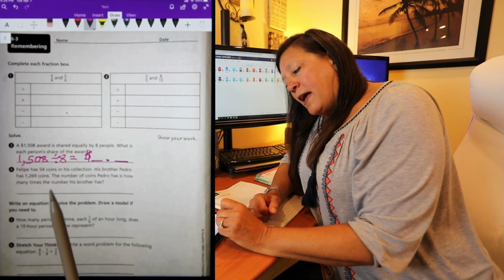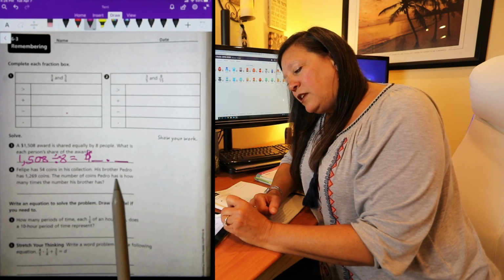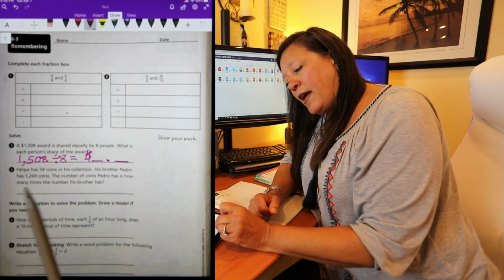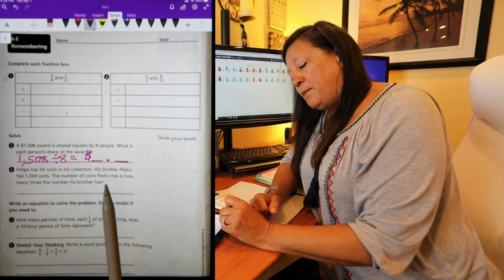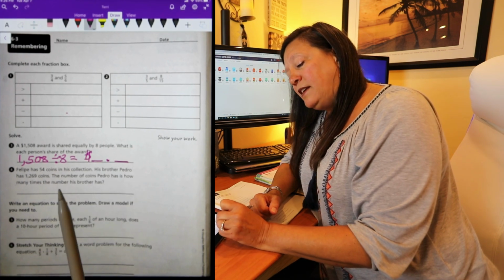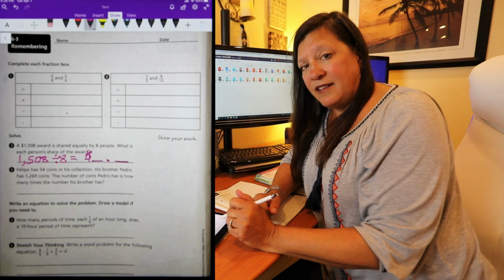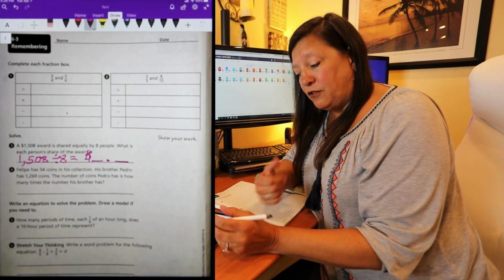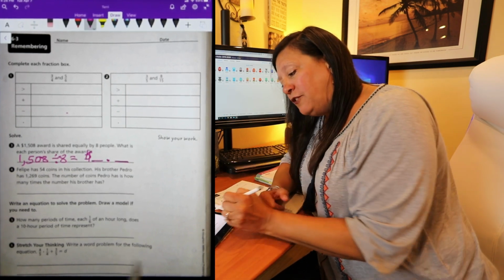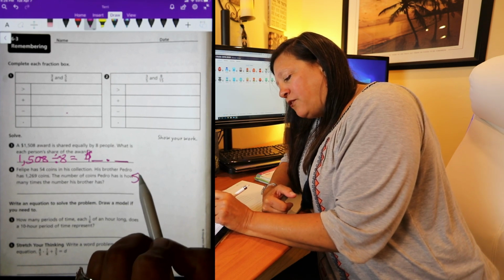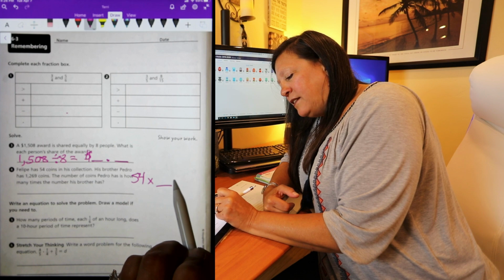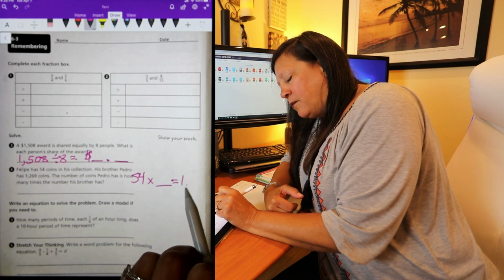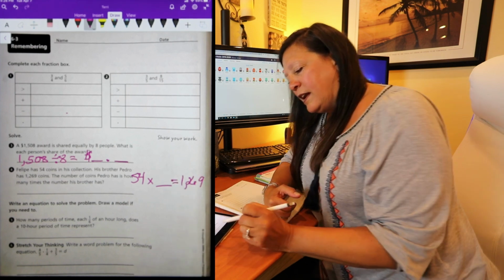Number 4, Philip has 54 coins in his collection. His brother Pedro has 1,269 coins. The number of coins Pedro has is how many times the number his brother has. This is a really good situation to use a situation equation. So we know Philip has 54, and it's how many times 1,269.